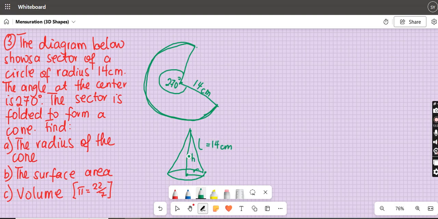So if we want to find the radius of the cone, r is equal to theta over 360 times L. And in this case, our theta is 270, that's the angle at the sector. So our r is going to be 270 over 360 times 14. Let's compute it together.